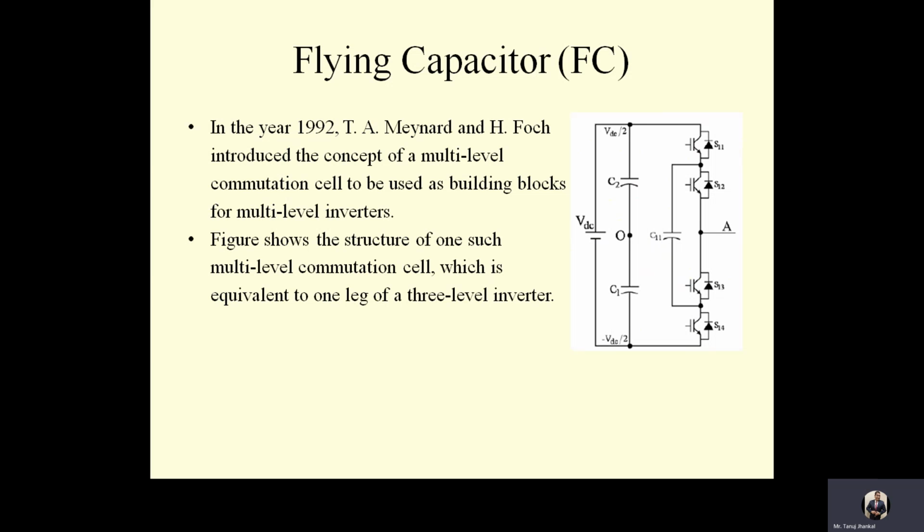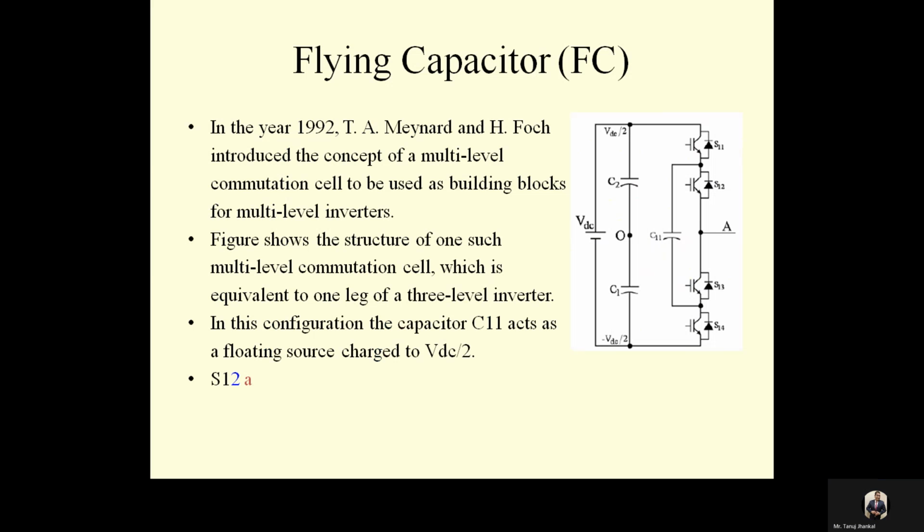The four switches forming this cell are in two pairs. The inner two switches S12 and S13 form one pair, and the outer pair S11 and S14 form the other pair. The switching within each pair must always be in complementary state.